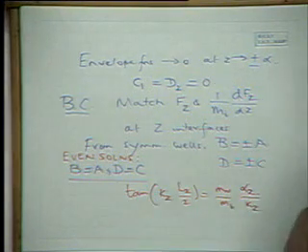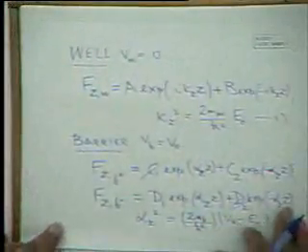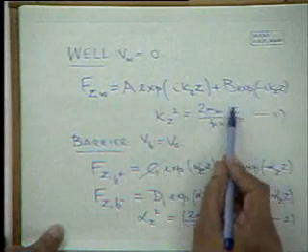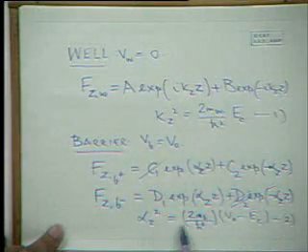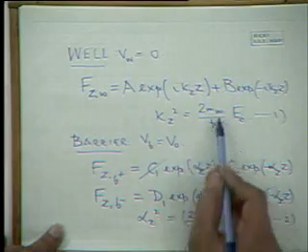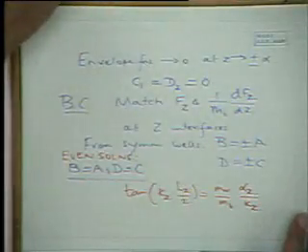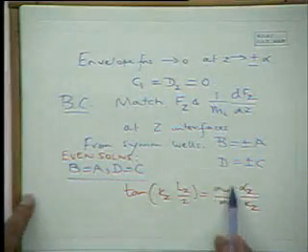Where what are these alphas and k's? k is known in terms of this 2 m_w E_c, and alpha is known in terms of V0 minus E_c. This is the mass in the well, this is the mass in the barrier involved. And notice that because these masses are different, we have this term m_w by m_b.